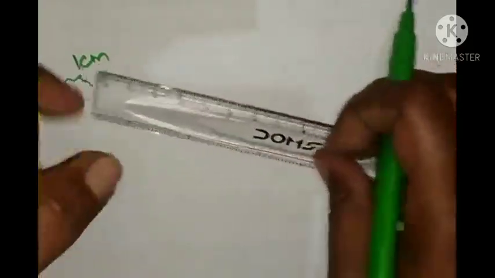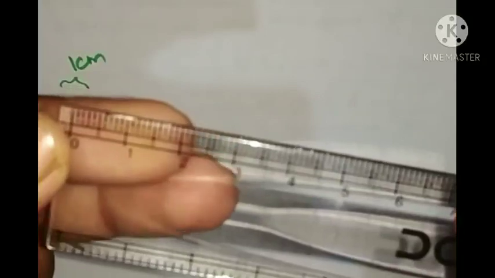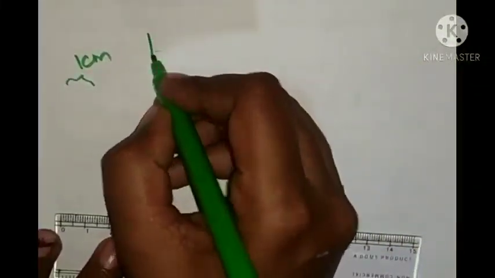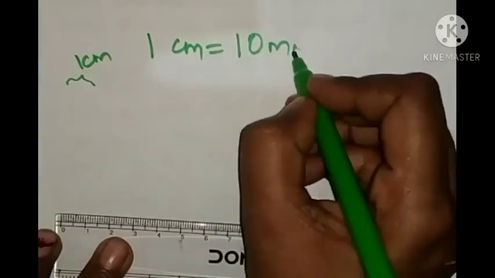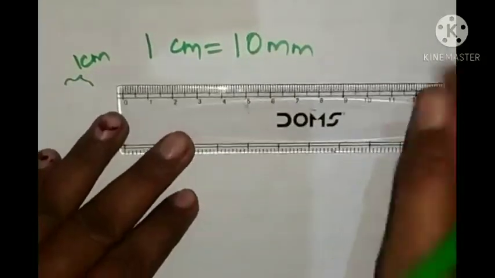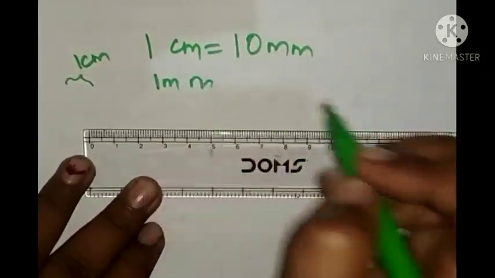You know that 1 centimeter equals how much? 10 millimeters. So here each part is 1 millimeter.